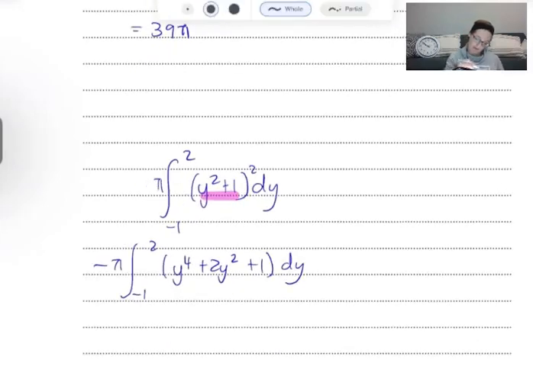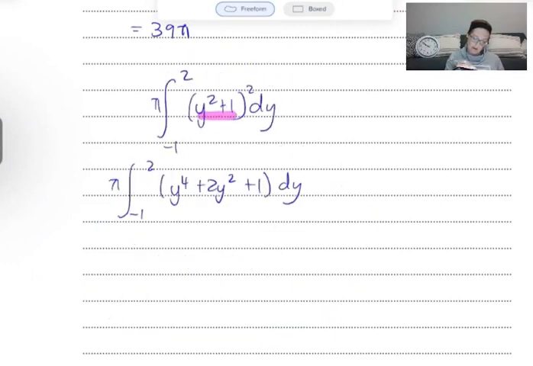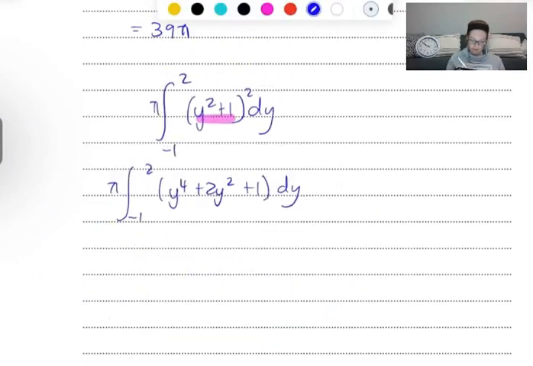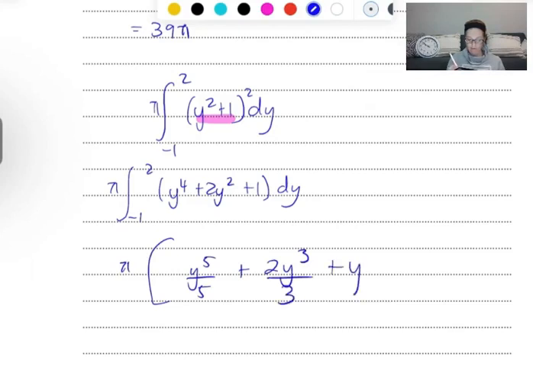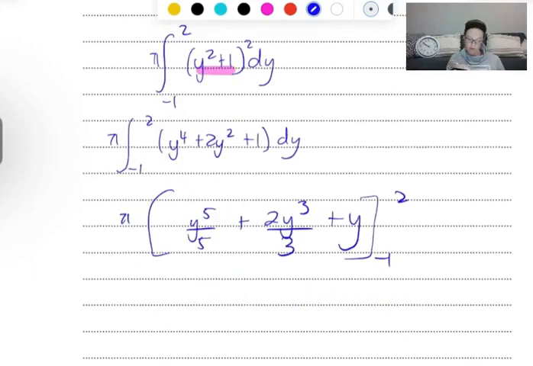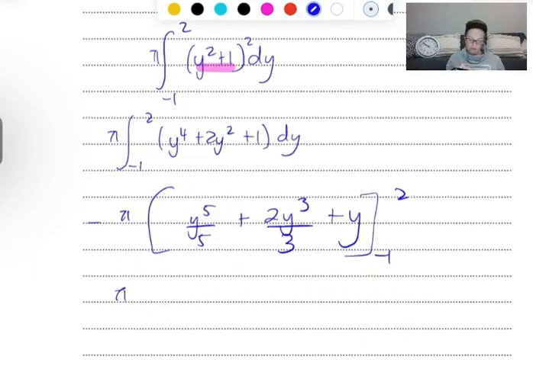And then I'm going to look at my other integral. So I know that I'm going to minus this. I'm not going to put it there yet. Okay, so first I had to multiply out. Now I can integrate it. So y goes upper power divided by the new power, upper power divided by the new power, plus y. And we're going between minus 1 and 2. Keep my pi.